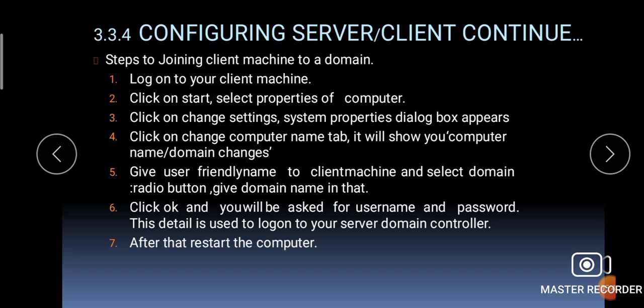Then give a user friendly name to the client machine, select the Domain radio button and give the domain name in it, and click OK. You will be asked for a username and password. These details are used to log on to your server domain controller, and then restart the computer.